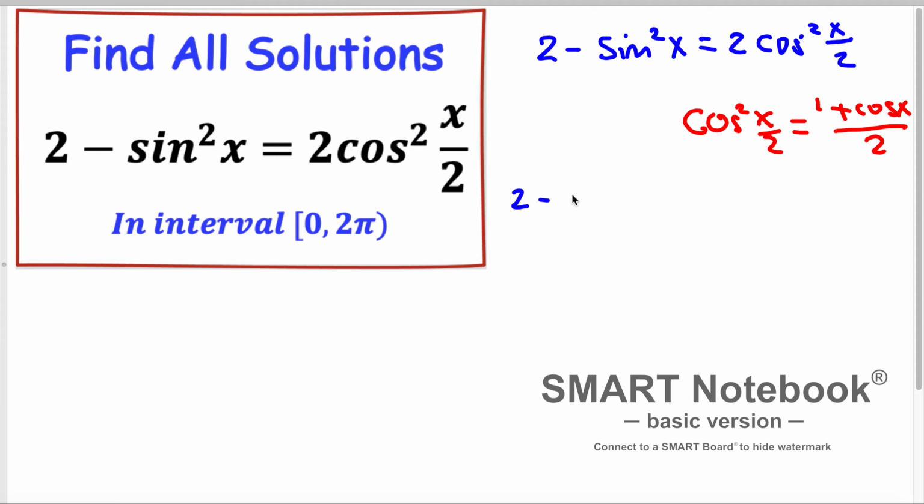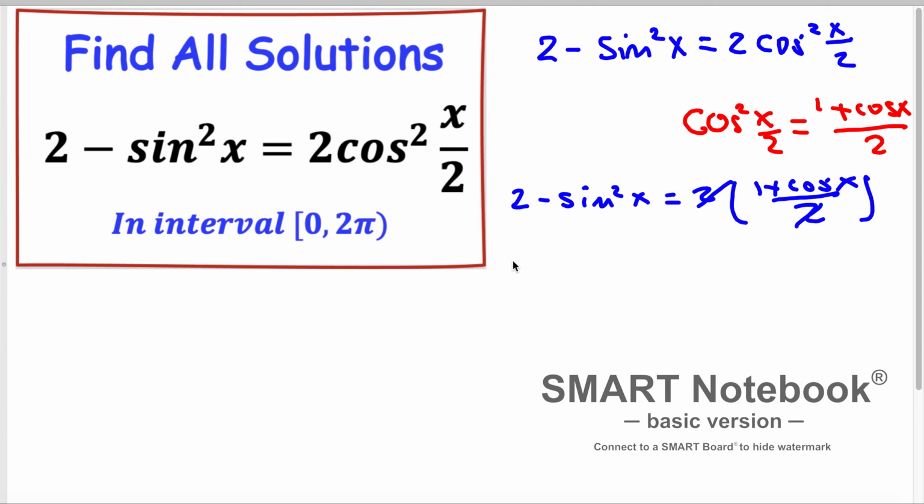Here is 2 minus sine square x is equal with 2 times 1 plus cosine x divided by 2. And now this 2 here with this 2 we can simplify. And this sine square x we can write as 1 minus cosine square x.